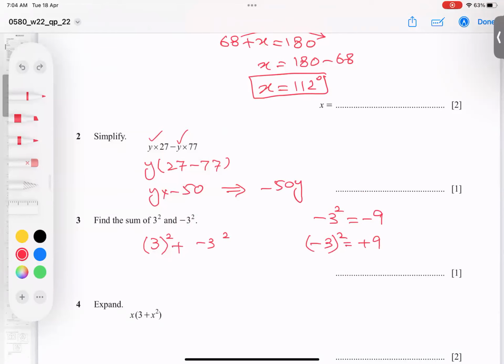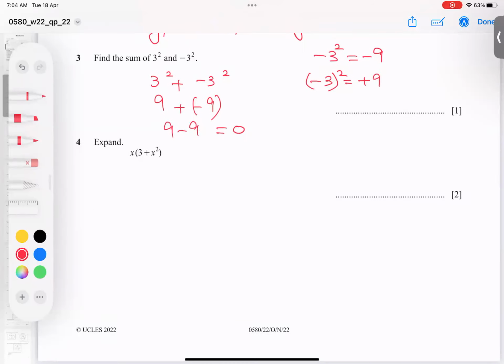So here comes 9, and here positive, whereas this answer is coming negative 9, and you know it very well, plus times minus is minus, and I get 0. I hope the point is very clear.